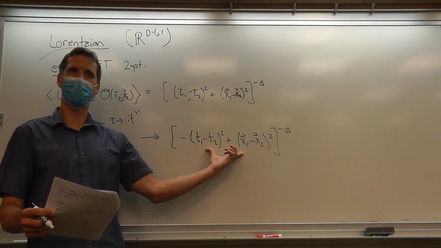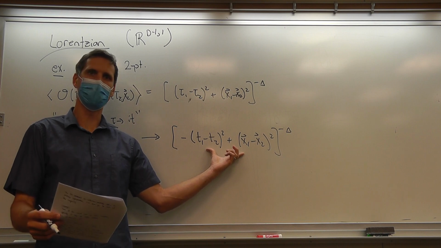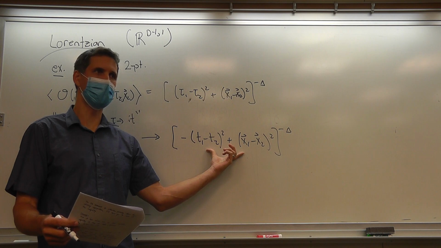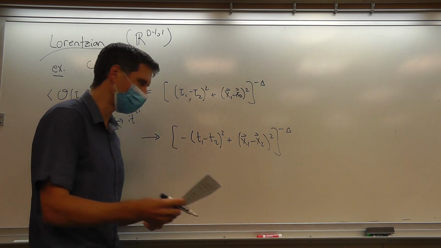Now we're taking a non-integer root of something that can go negative, and when it goes negative, we do have a branch cut that we have to worry about.